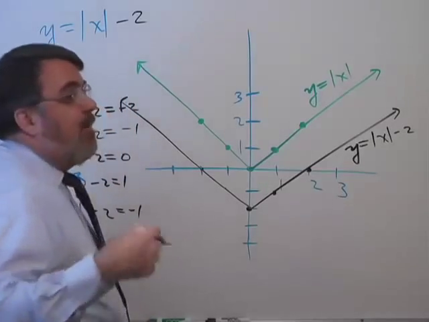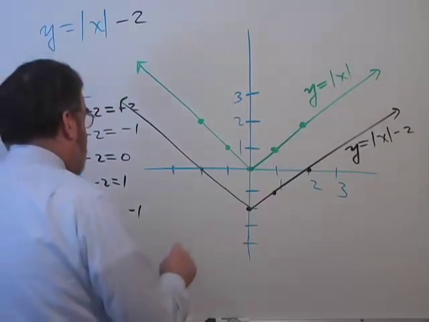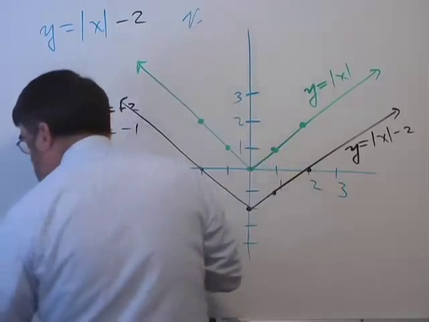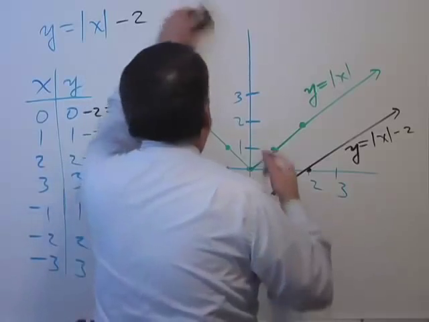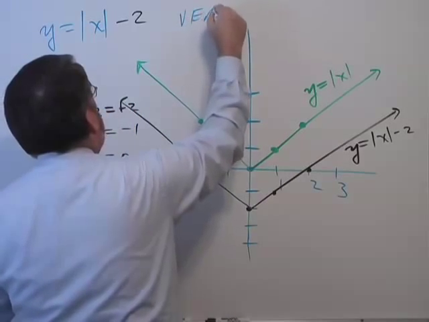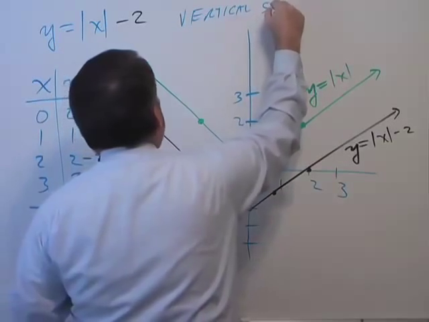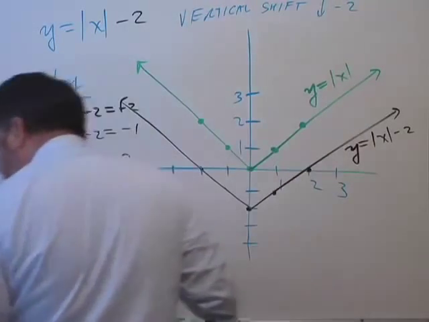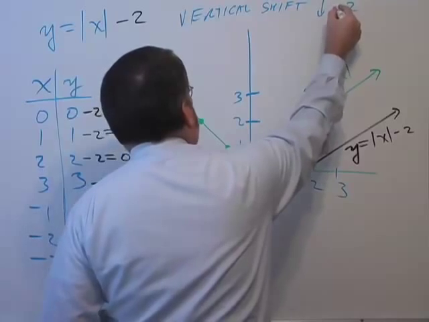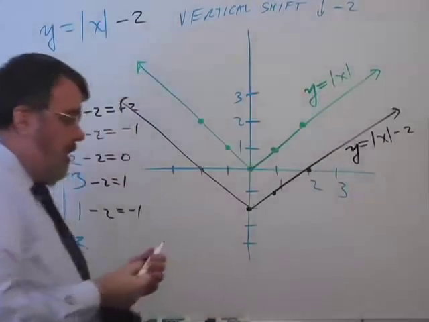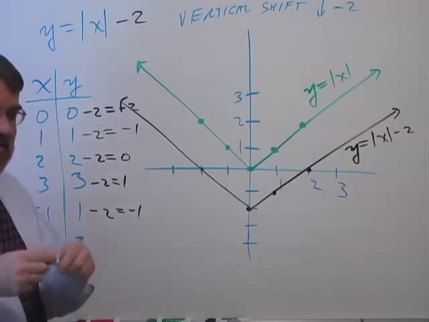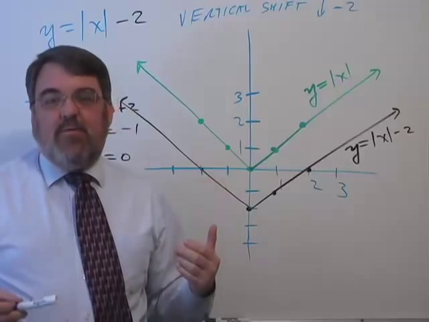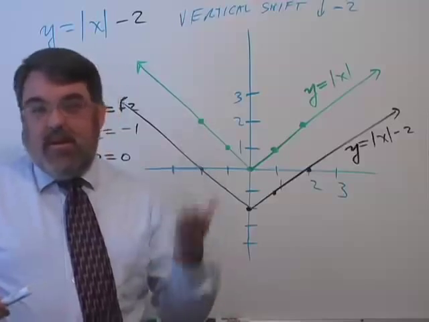So when I write these things out on a board, I tend to describe it this way. This is a vertical shift of down 2 or -2. And that's the easiest function transformation there is, the vertical translation up and down.